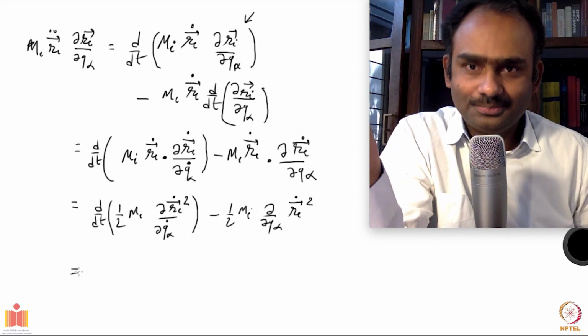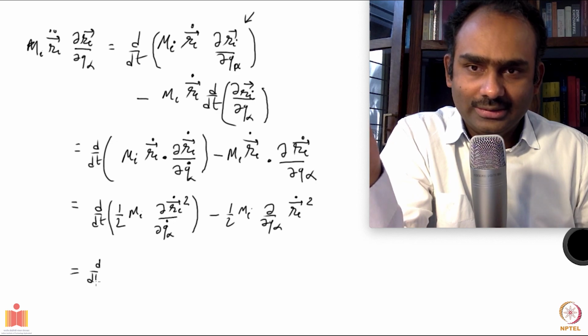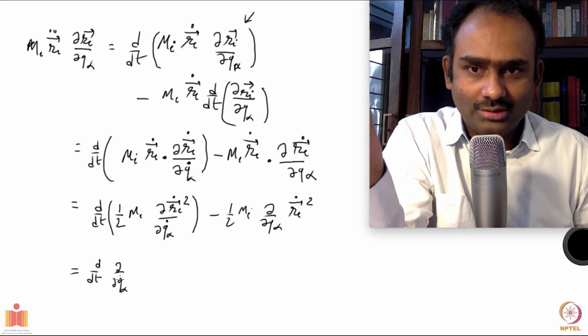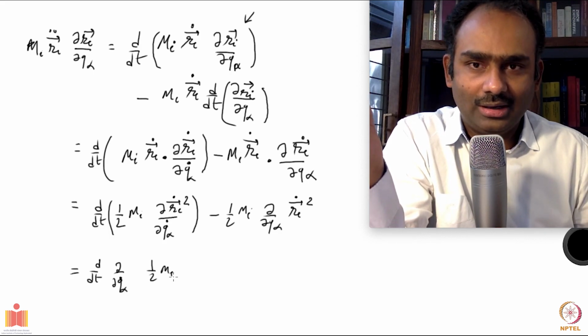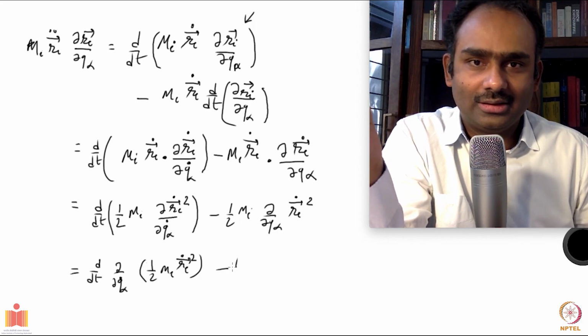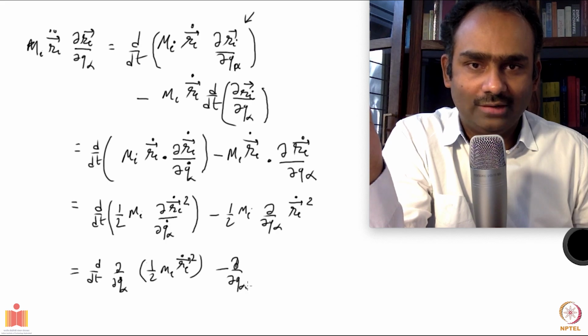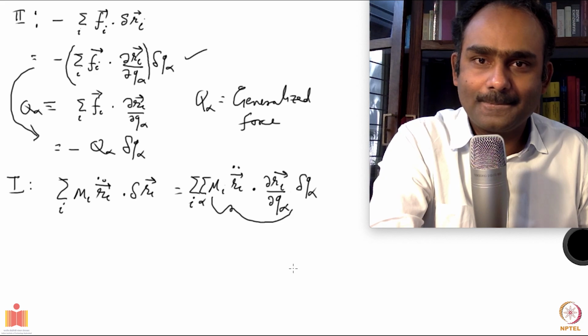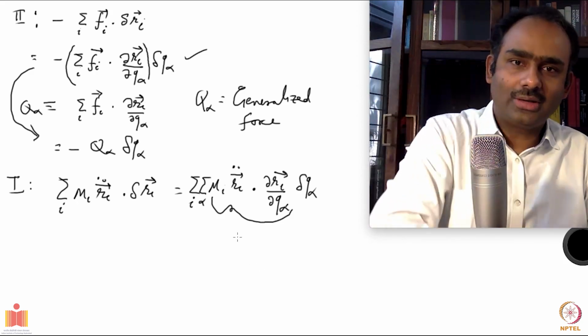So this will become d over dt of del over del q alpha dot of half mi ri dot square, minus again del over del q alpha of half mi ri dot square. These are your kinetic energy terms. Okay, now if you go back and see here, that was term number 1, so I substitute here.